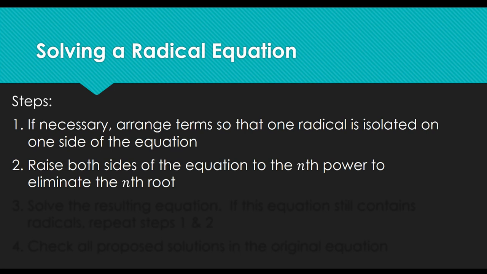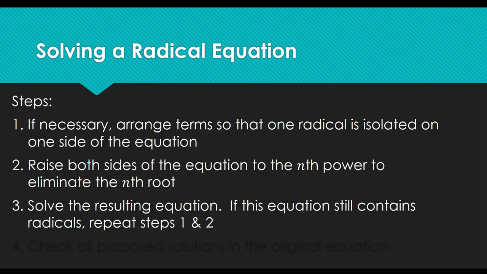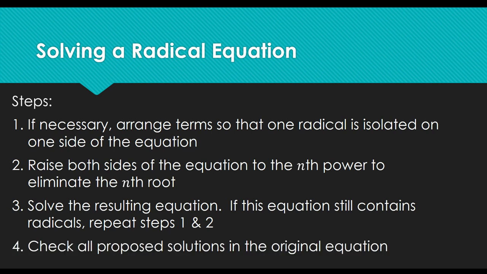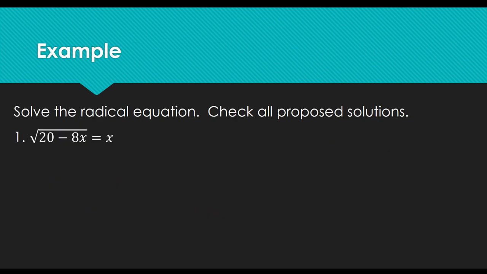If my index was a cubed root, then I would raise it to the third power, and so on and so forth. We'll then solve the resulting equation. If the equation still contains radicals, we'll continue repeating by getting another radical isolated by itself, raising both sides to whatever that nth root is. And then, like I said, we always check our solutions.